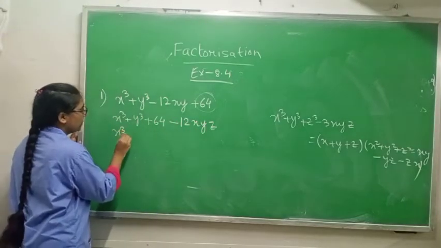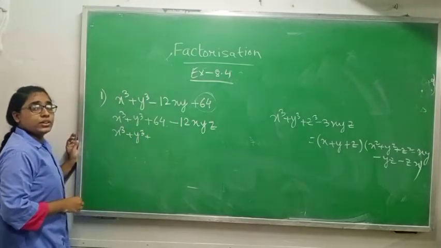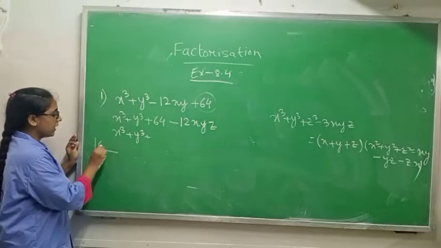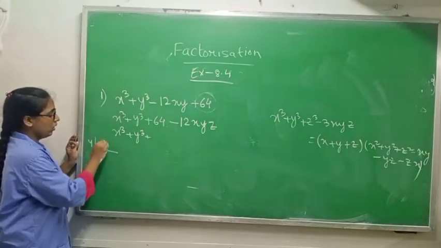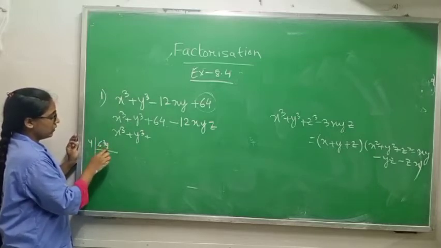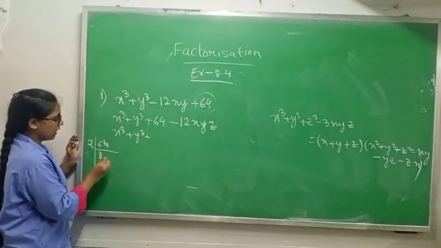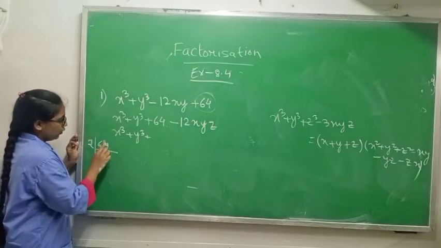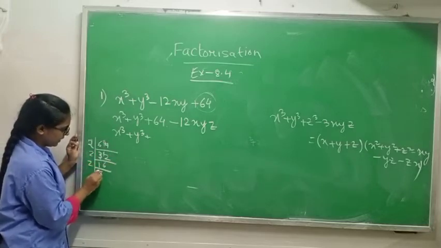Now x cube plus y cube, and 64 is the cube of 4. If you don't know, please take the LCM. Using 2's table: 2 1's are 2, 2 2's are 4, 2 3's are 6, 2 4's are 8, 2 6's are 12, 2 8's are 16.